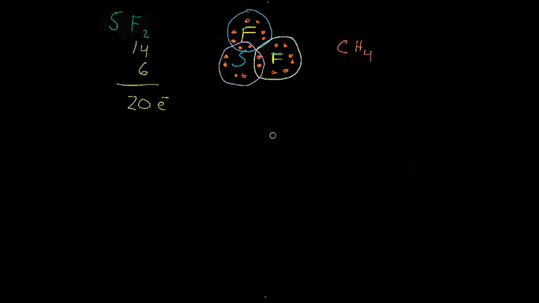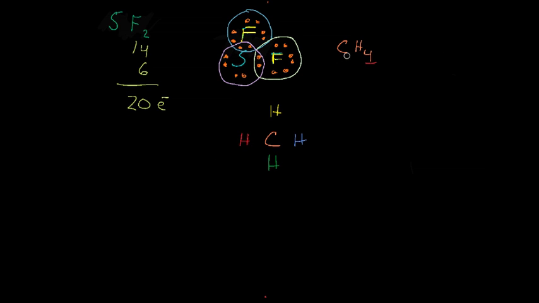So we have carbon, and then we have 4 hydrogens. So we've got hydrogen up here, hydrogen over here, a hydrogen over here, and a hydrogen, let me do red, over here.